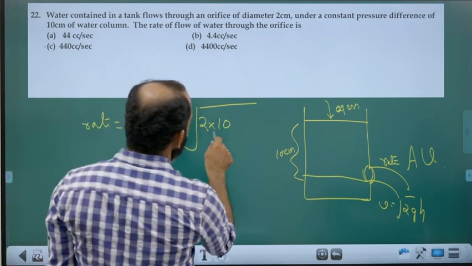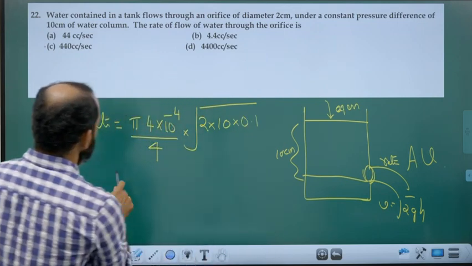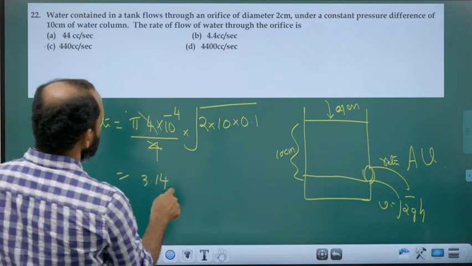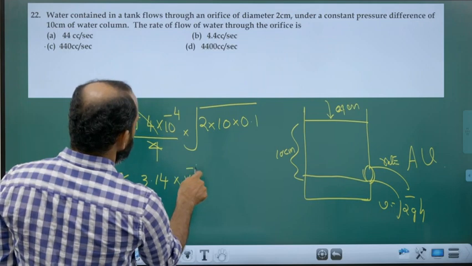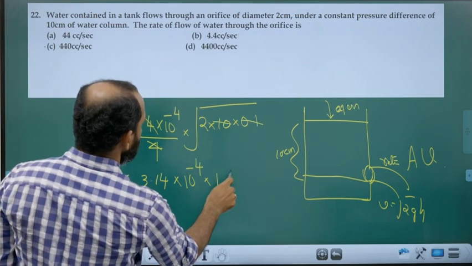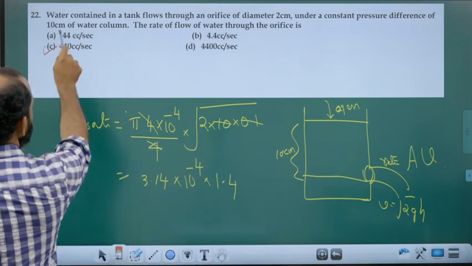So root of 2 into 10 into 0.1. The 4 cancels here, so 3.14 into 10 power minus 4 into root 2, 1.4. In doing that you will get the correct answer as option C.